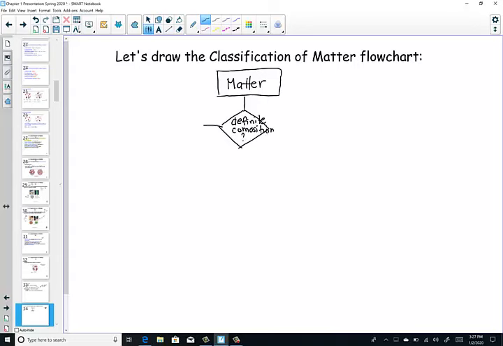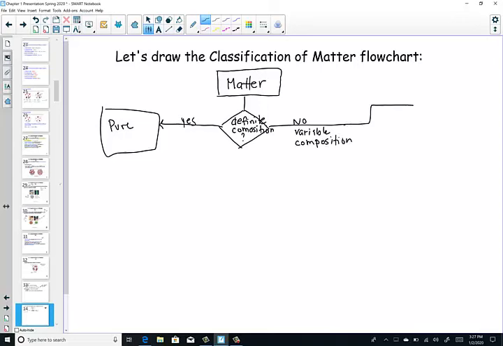If that answer is yes, we know that that matter is considered to be pure. And if the answer is no, it must have a variable composition, and therefore we know it must be a mixture.